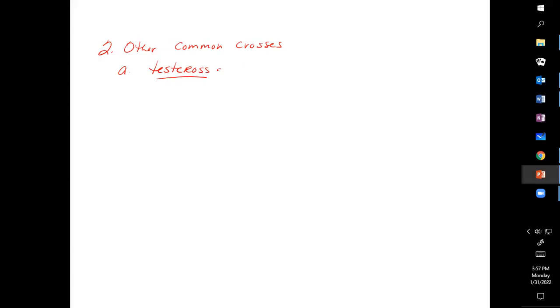The test cross is a cross between a phenotypically dominant individual and a recessive. A test cross is where you have a phenotypically dominant individual, but you don't necessarily know the genotype.